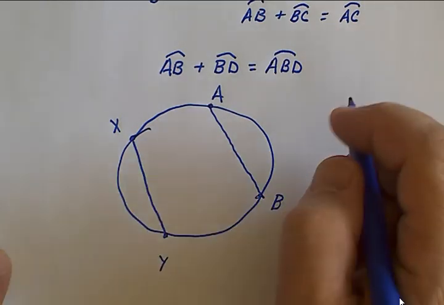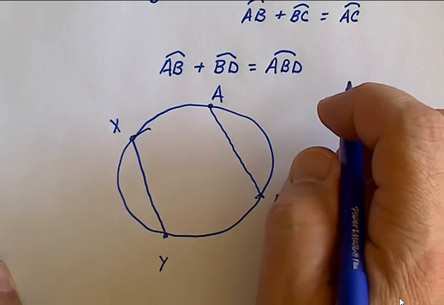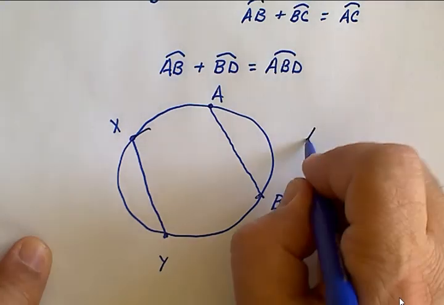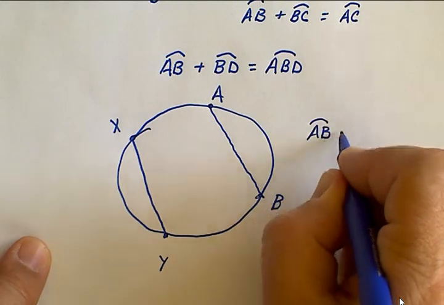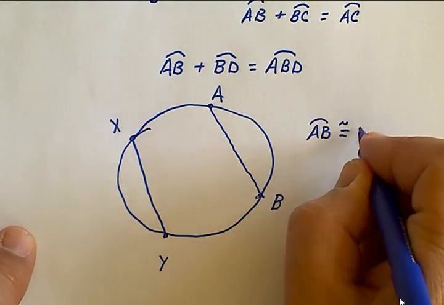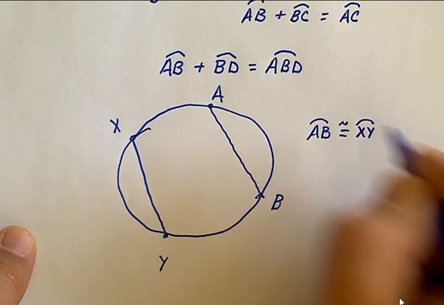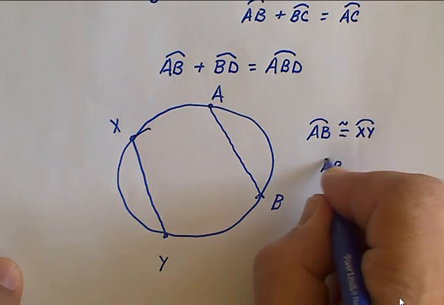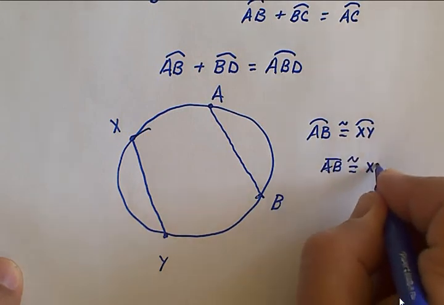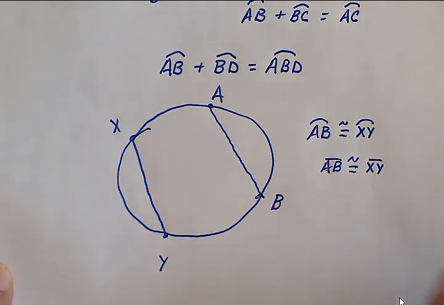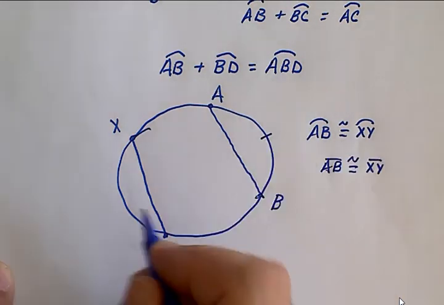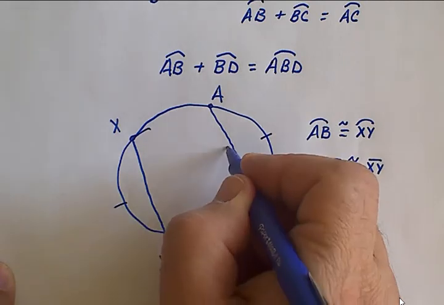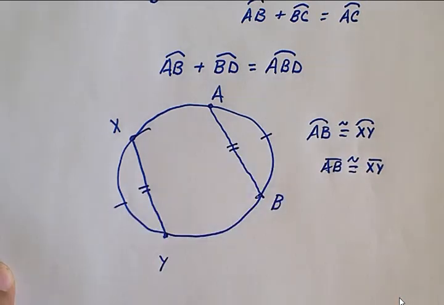This says if the arc AB is congruent to the arc XY, then the chords AB and XY also have to be congruent. So if this is congruent to this, then this has to be congruent to this. Notice how I'm using the congruent slashes again to match up those congruent pieces.